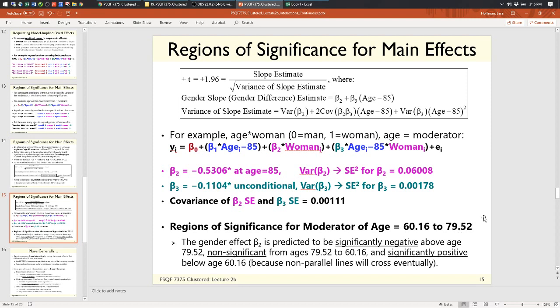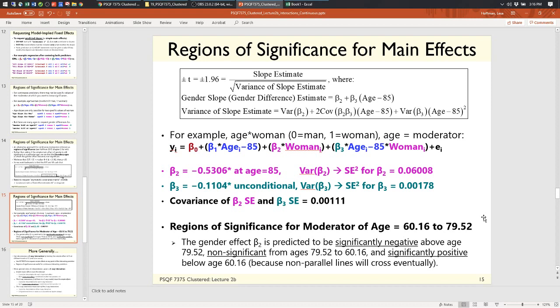So what that means, anywhere above 79, the gender effect is significantly negative, such as what we already know it is at age 85. 79 is the cutoff at which point women get a significant disadvantage.